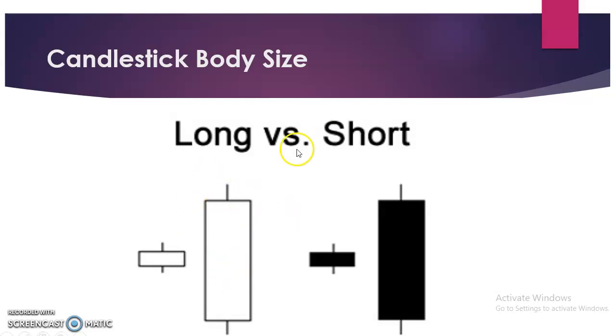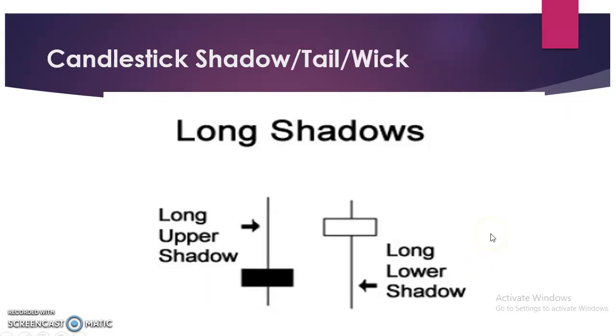And of course, like I told you, when you see a wick, it is telling you about rejection. When you see an upper wick, it means that it was rejected by sellers. And when you see a lower wick, it means that it's a rejection by the buyers. The same thing goes on right there.